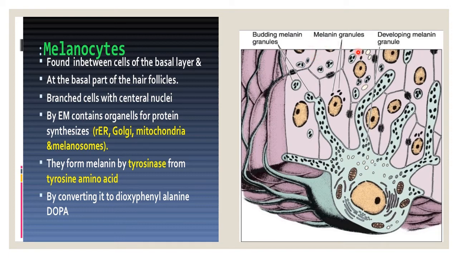The similar pigment which is found in red hair is called pheomelanin. So they are responsible for production of the melanin pigments, and they are helpful in protecting the skin against ultraviolet radiation also.